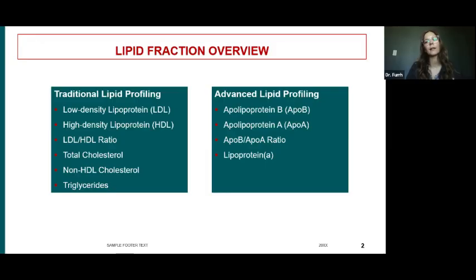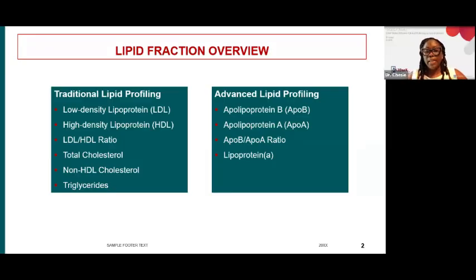Now, advanced lipid profiling, on the other hand, looks at more specific fractions like apolipoprotein B, apolipoprotein A, the ApoB to ApoA ratio, and also lipoprotein A. There are others, but these are the ones that we're going to focus on for today's presentation. Okay, thank you. And the next question would be, let's take a look at traditional lipid profiling first. Can you give us a little more detail on the individual lipid fractions?